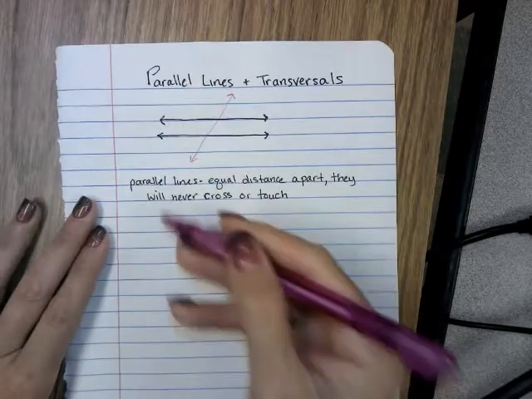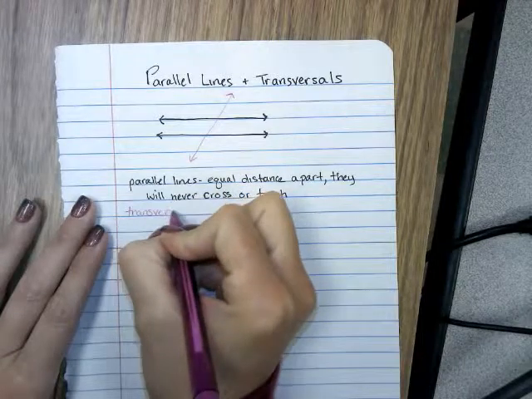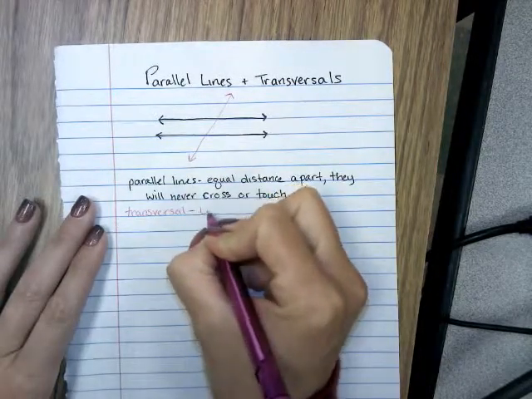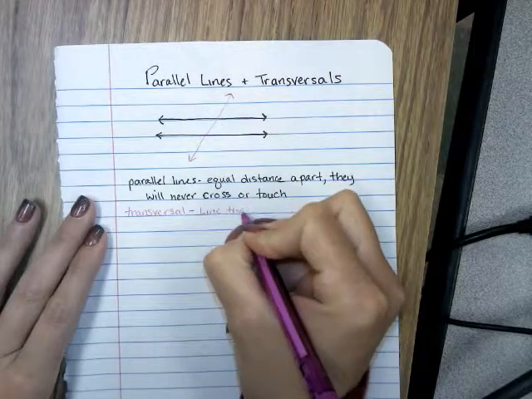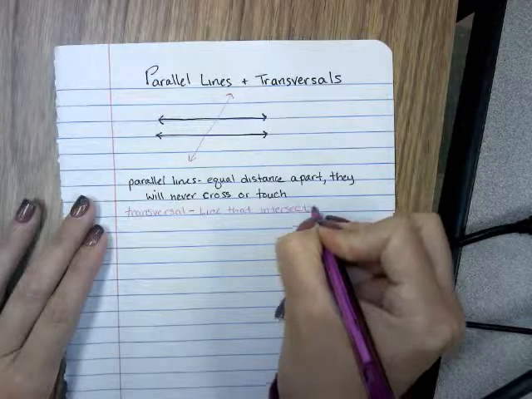And a transversal is a line that intersects those. A line that intersects parallel lines.